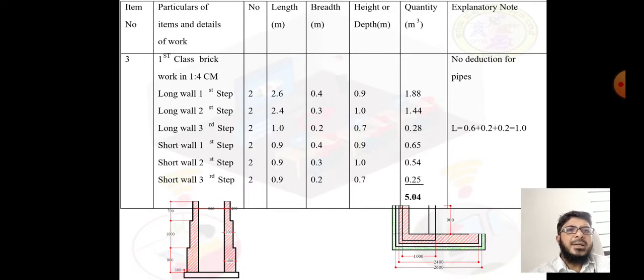But the breadth is changing: the bottom is 0.4, the next step 0.3, and the last step 0.2, and the depths are 0.9, 1 meter, and 0.7. The quantities are listed. So the total quantity of first class brick work in 1:4 cement mortar is 5.04 meter cube.